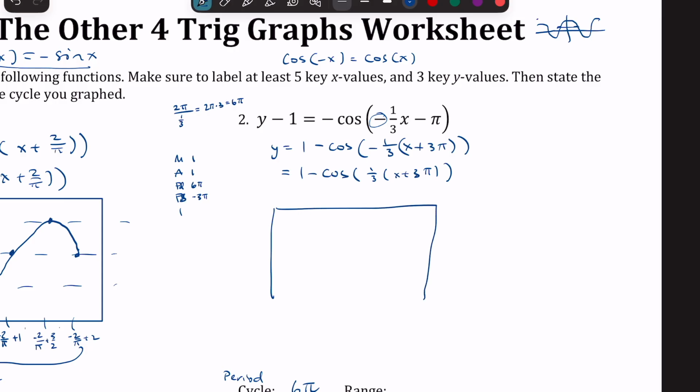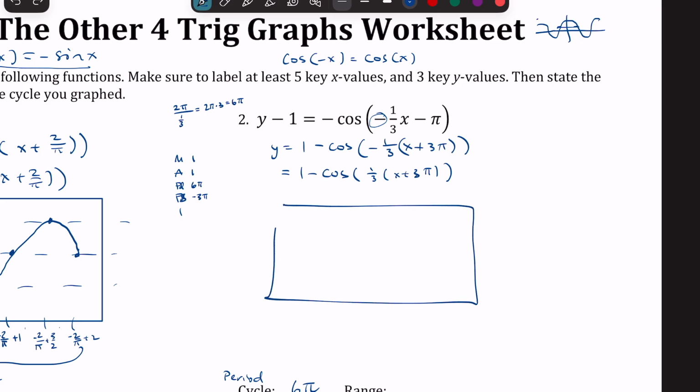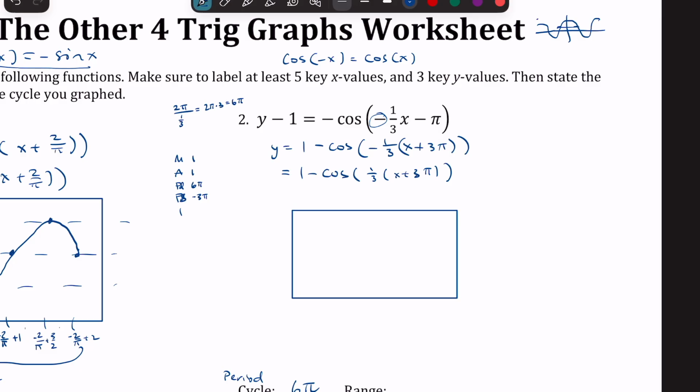Okay, so my cycle or my period is 6 pi. So I'm gonna make my little thing here. I shift by negative 3 pi, and I know this distance is 6 pi, so that's just gonna be 3 pi here. Then I just need to cut it into fourths.